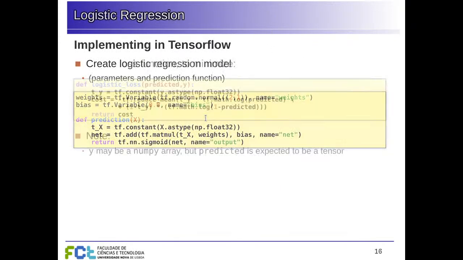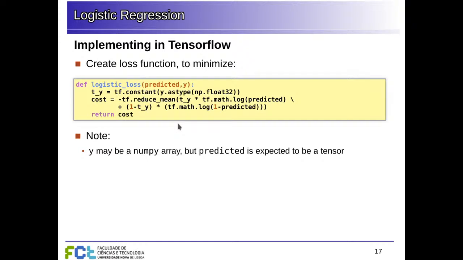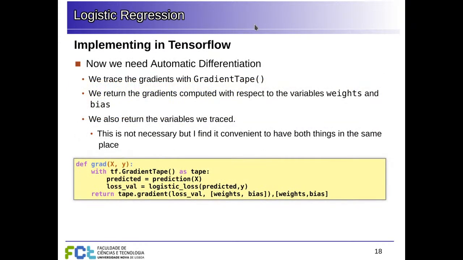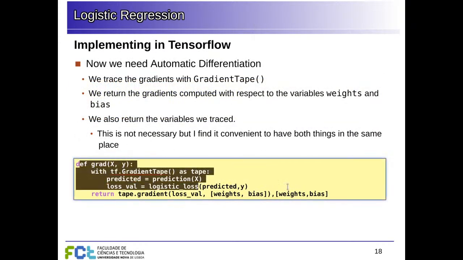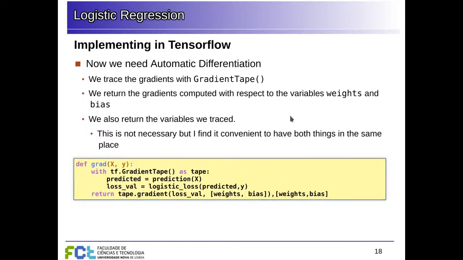But we are setting up all these operations using TensorFlow operations and tensors, which means that TensorFlow can keep track of all the gradients associated with this. And that's what we're going to use now for training. We're going to create this function that gives us the values of the variables and the gradients.